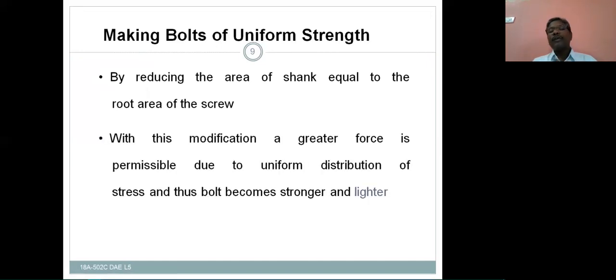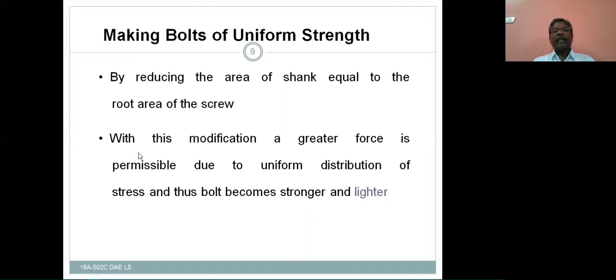So with this modification, a greater force is permissible due to uniform distribution of stress. That means with this, the stress becomes uniform throughout its length, thereby it can withstand greater forces.